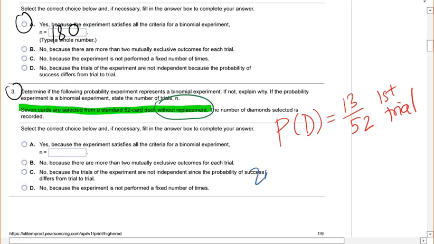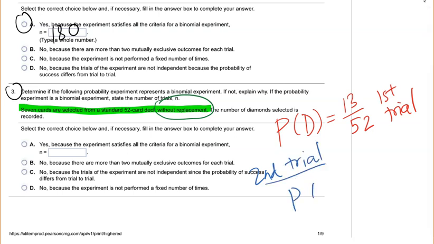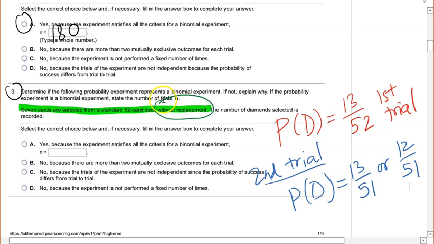In the second trial, the probability of a diamond is going to be either 13 over 51 or 12 over 51. Remember that you draw the card, but you do not replace it. There are 51 cards on the second trial, correct? But if you drew a diamond in the first trial, your probability of getting a diamond is 12 over 51 because there are only 12 diamonds left.